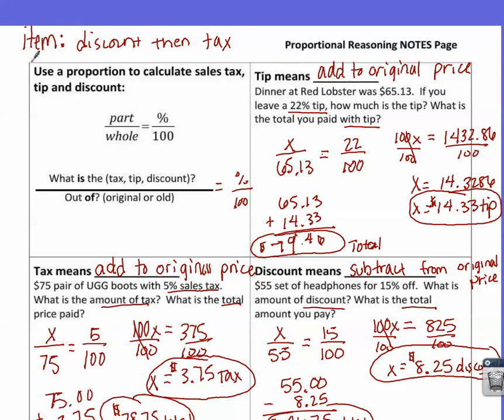Whereas, let's say you're at a restaurant and you're tipping, but you also have a coupon, the order that you would do them, you want to tip on your subtotal price prior to your discount or your tax. So when you tip, you want to find your tip first, then you can find your discount, then you figure out your tax.